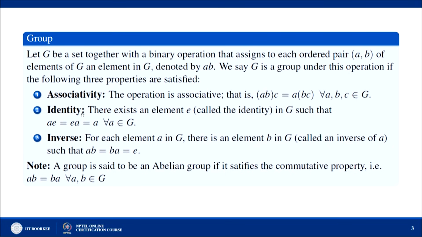Identity means there exists an element E, which is also called the identity, in G, such that AE equal to EA equal to A for every A in G. Then the third property is inverse. Inverse means for each A in G, there is an element B in G called the inverse of A such that AB equal to BA equal to E.